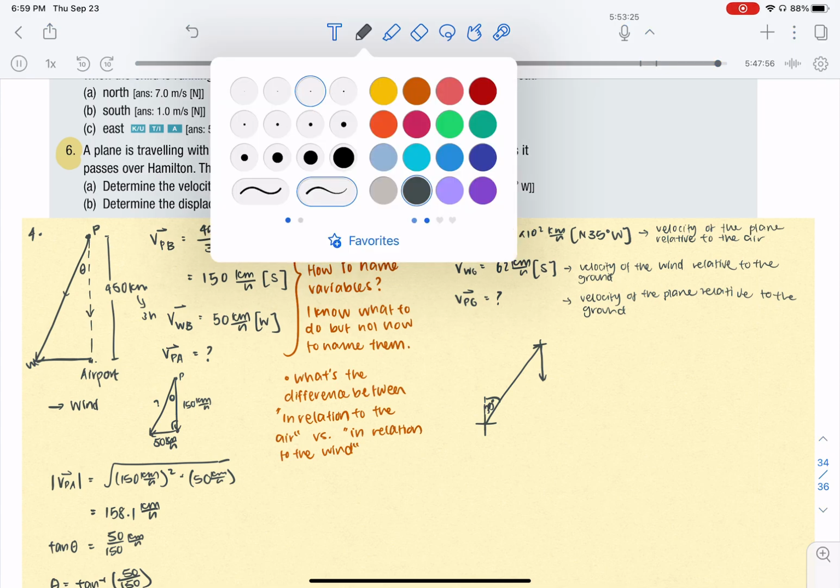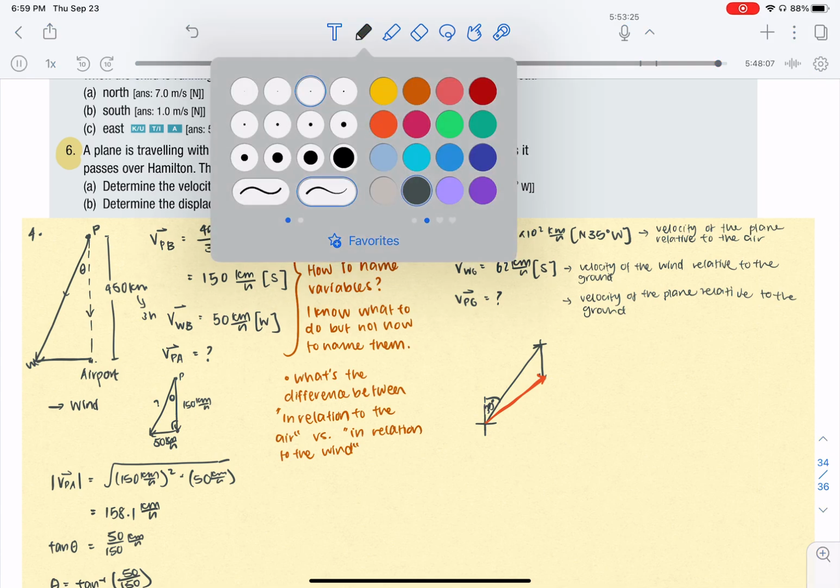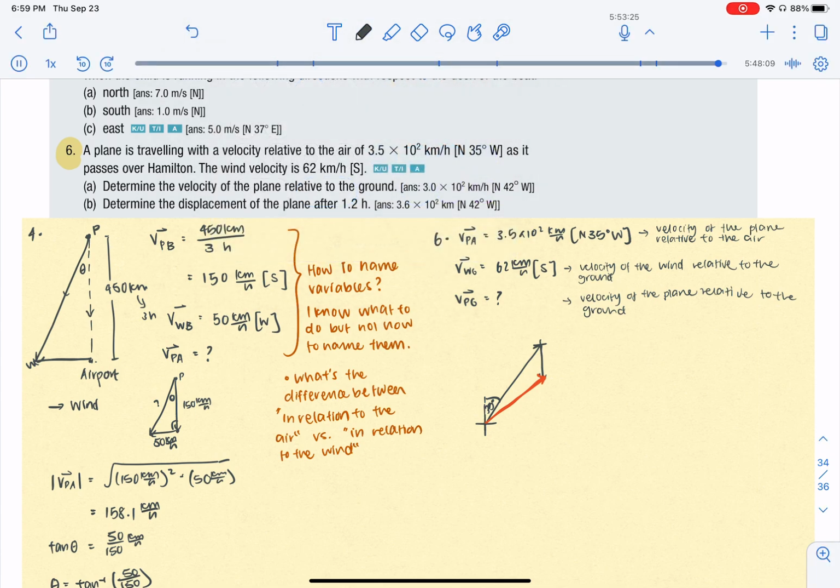Your second one, which is the wind, is going southwest, and it's about a third as long as the other one. That's the velocity of the air relative to the ground. Your resultant velocity would then be the vector in there, which I'll draw in green.